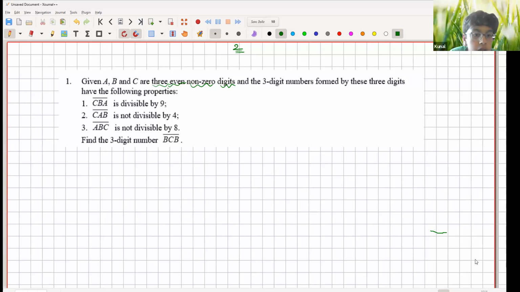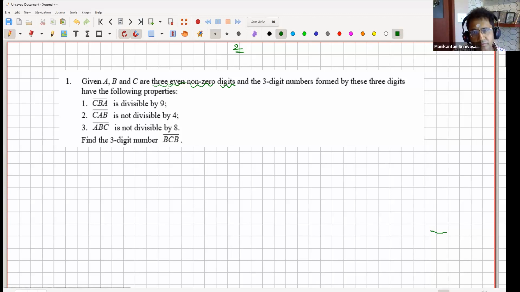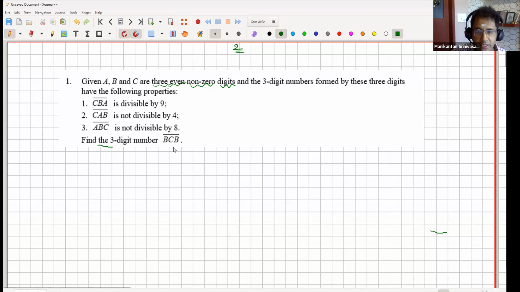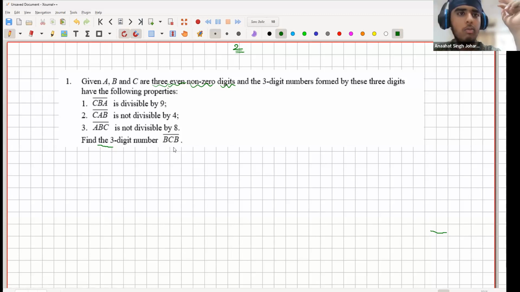If they are distinct, then there's only one possible solution. The onus is on them, because he says find the 3-digit number. But if they can be the same, then there are two possible solutions. Let's discuss both.